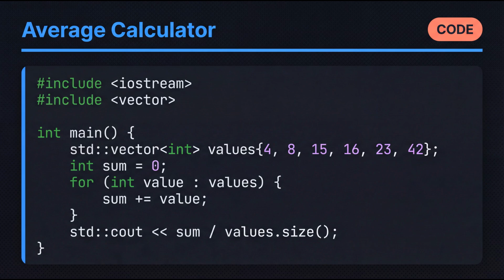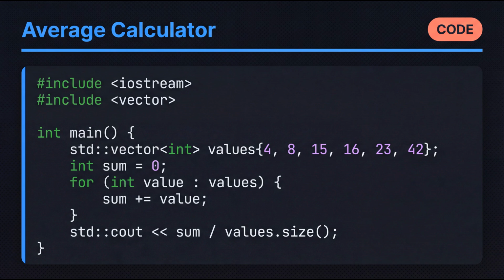Let's put it together. This program calculates the average of a vector of integers. We create a vector called values with 6 numbers: 4, 8, 15, 16, 23, 42. We declare a sum variable initialized to 0. Then we loop through every value in the vector, adding each to sum.